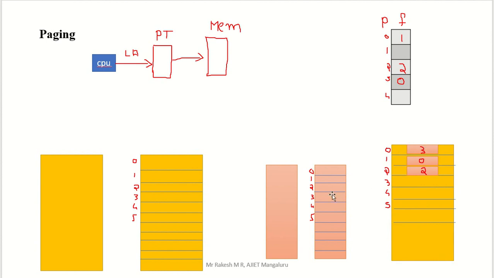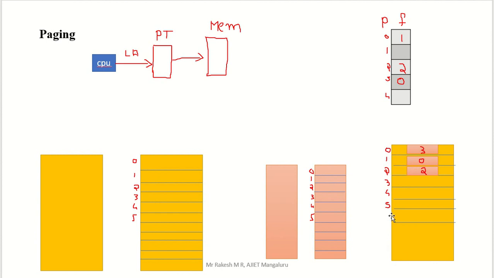See this block, page number 3, I loaded in frame number 0. And page number 0 I loaded in frame number 1. This is memory, the entire memory.